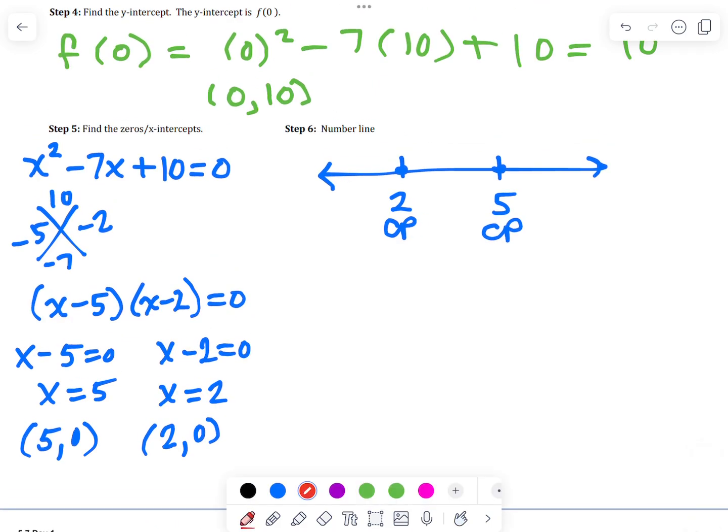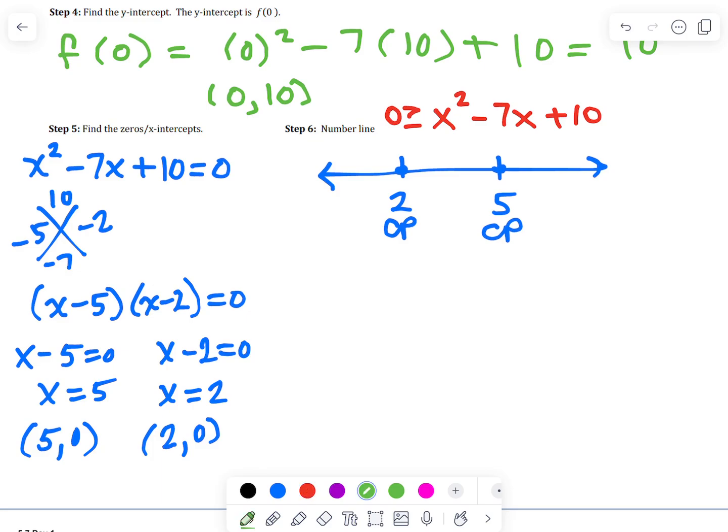So our inequality, 0 greater than or equal to x squared minus 7x plus 10. We're going to test to the left of 2, between 2 and 5, and then to the right of 5. So you get to kind of choose which numbers you want.